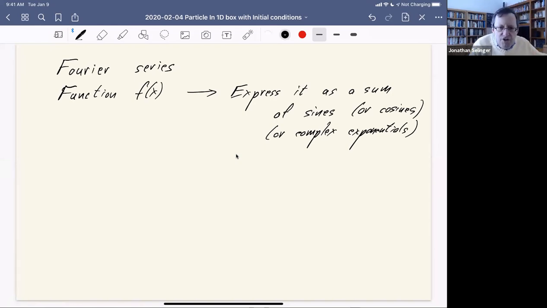And that is a good approximation. And in your math classes, they will teach you proofs that if you add up enough sine terms, well, not enough, if you add up an infinite number of sine terms, then the series approaches the function that you started with.